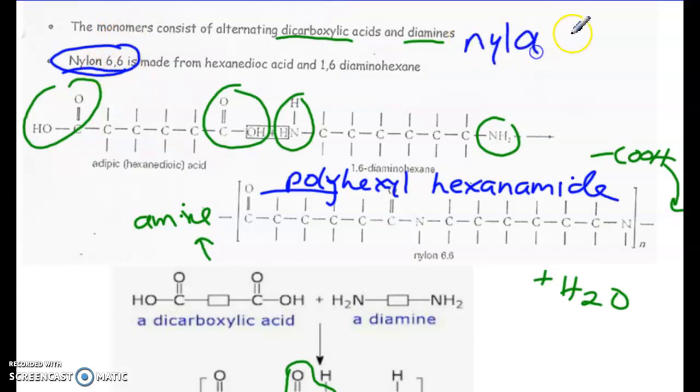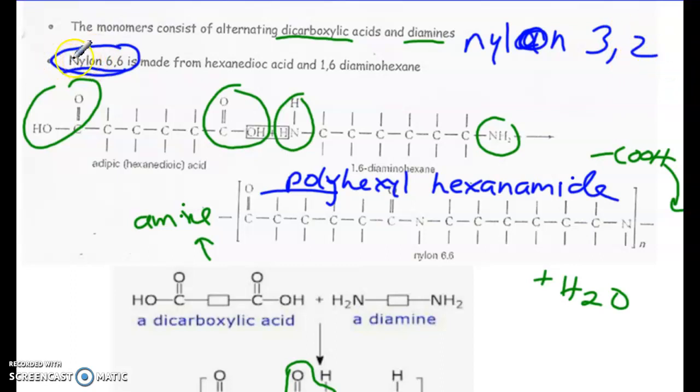But let's say we had nylon 3,2. I don't know, I'm just making it up. This would mean that you would have an amine with 3 carbons on it, and your carboxyl group would have only 2 carbons in length. It'd be like an ethanoic acid or dioic acid.